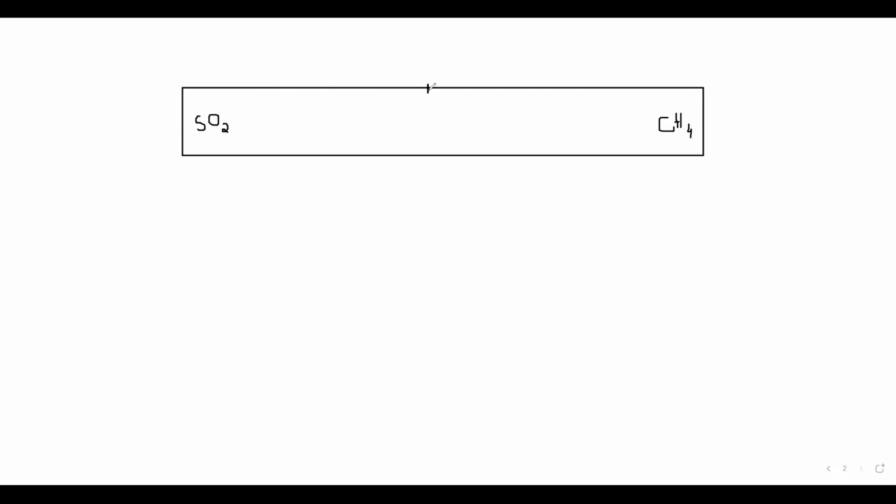Point B is exactly at the center, the midpoint. I will mention the mass for each element. Sulfur is 32, oxygen is 16, carbon is 12, and hydrogen is 1.